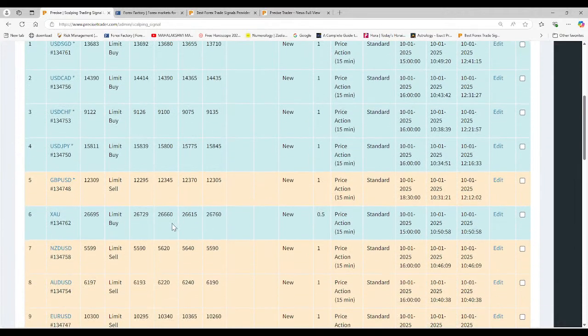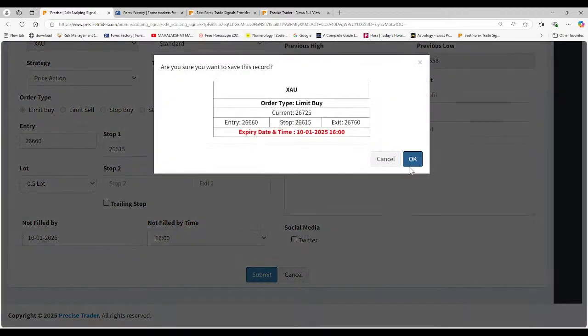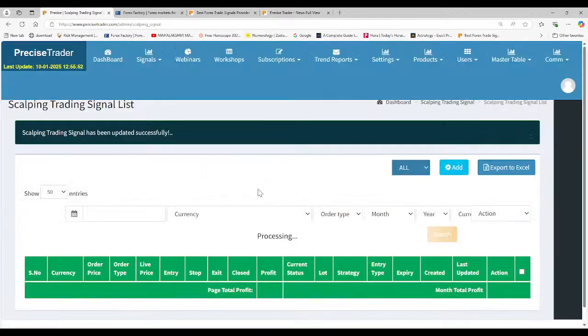We have generated a buy at 66 and exit at 76. This trade is before the data is out, and we have given the time as 3 p.m. So we may want to extend it by another 1 hour.